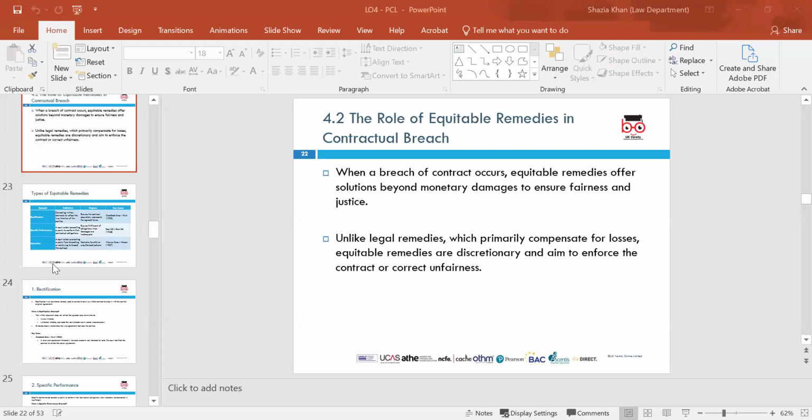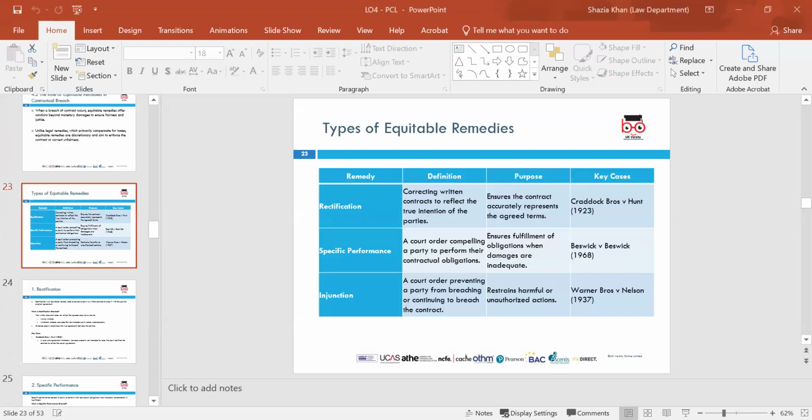The next slide is types of equitable remedies. We've got types of equitable remedies available. The first one is rectification, which is correcting written contracts to reflect the true intention of the parties. In the summary table, the purpose is to ensure the contract accurately represents the agreed terms, as in the case of Craddock Brothers and Hunt, 1923.